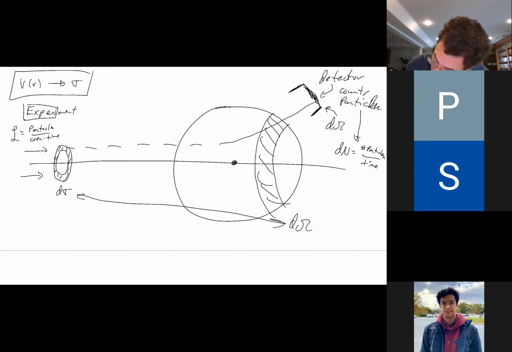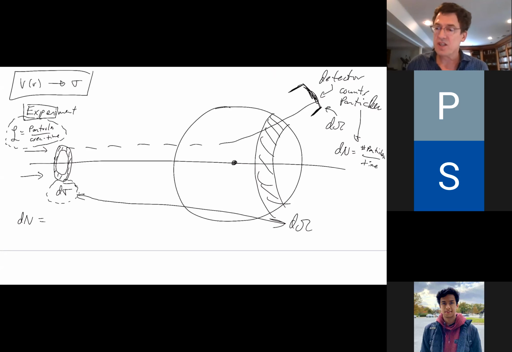I can say that the number of particles per time that go into my detector, dn, is equal to what? I have luminosity, I have d sigma.